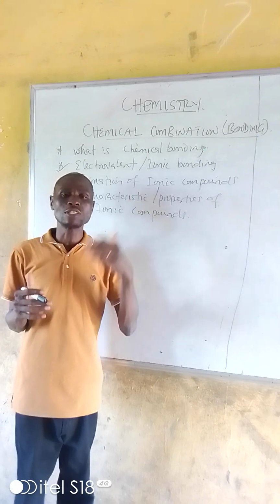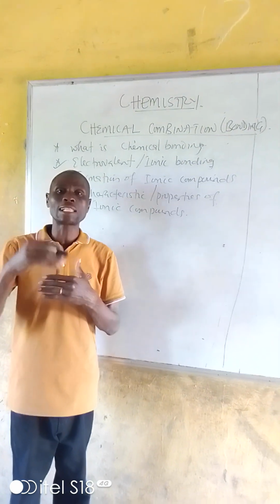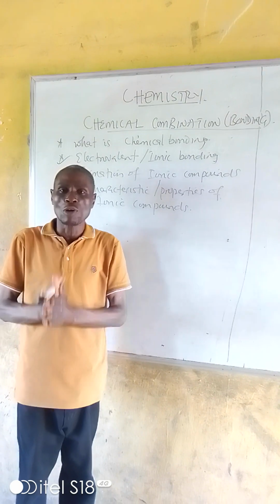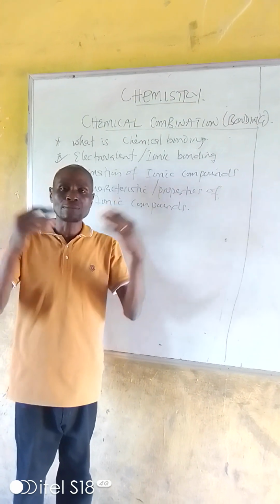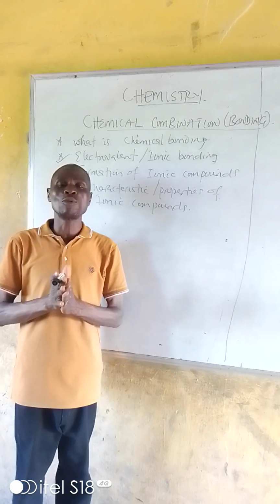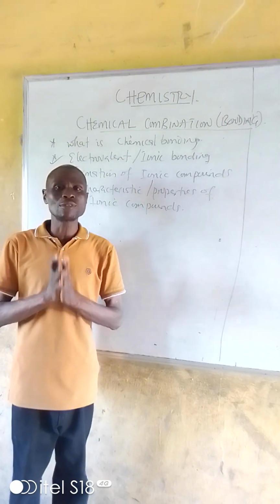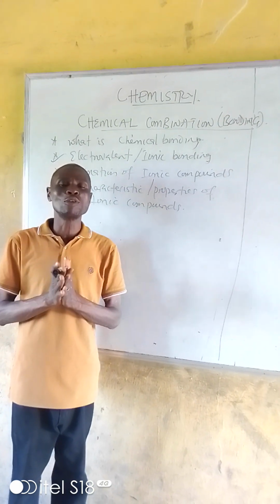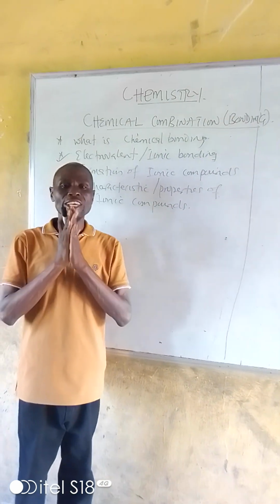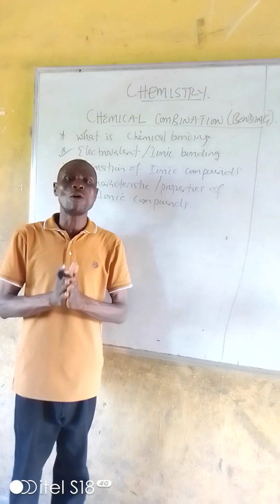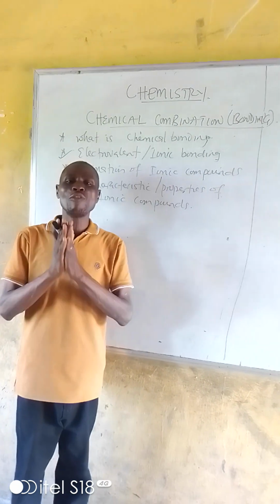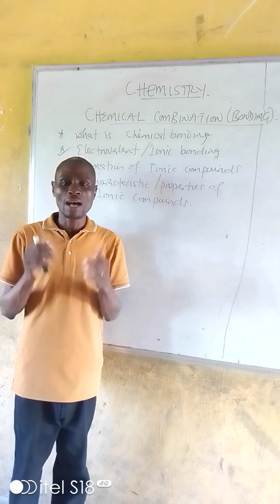So when one atom loses its valence electron, it forms a stable configuration. Another one, when it accepts an electron, achieves a stable configuration. So at the end of the day, the atoms involved form a stable configuration. So in a nutshell, electrovalent or ionic bonding involves transfer of electrons from one atom to another.